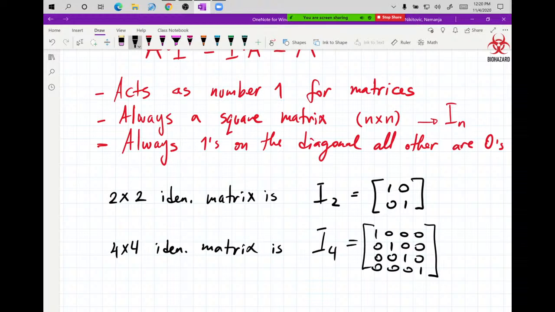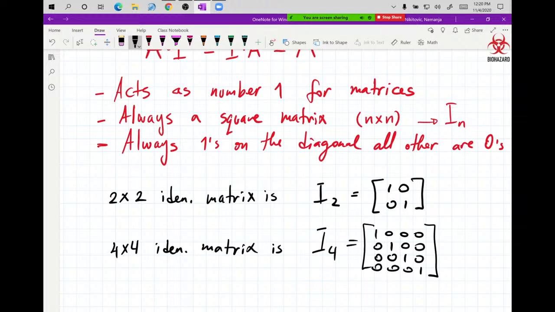itself, because remember that for a transpose, the diagonal stays where it is and the rest of the entries swap. But the rest of the entries are all zeros, right? So when they swap, it still stays the same. So identity also has that property, that transpose, that will never be used, by the way.